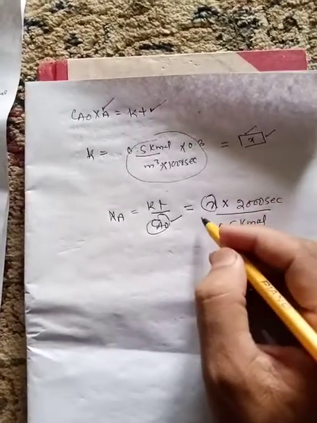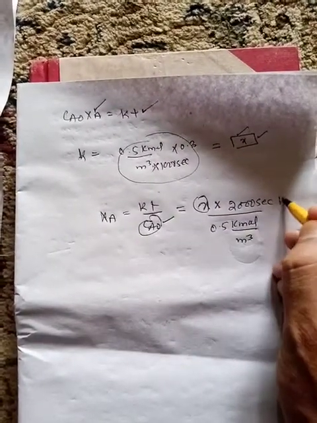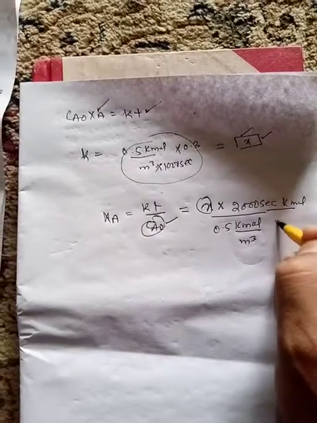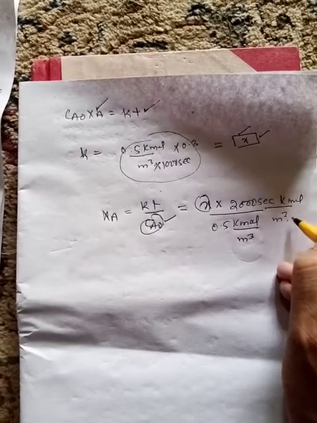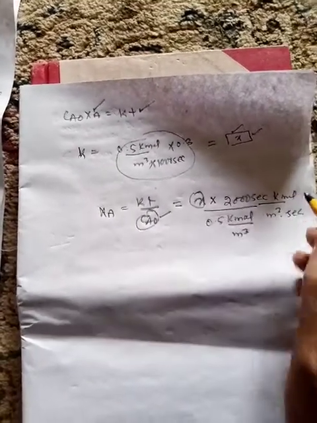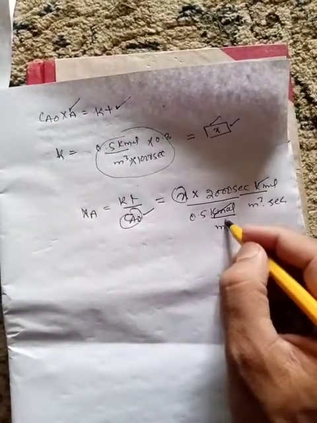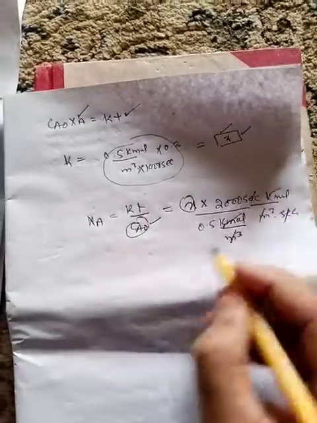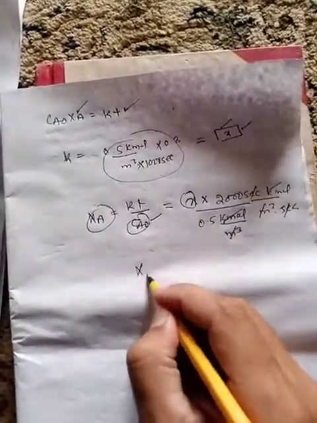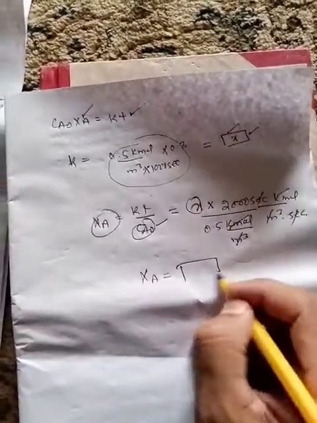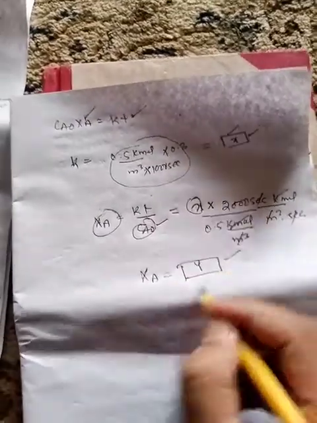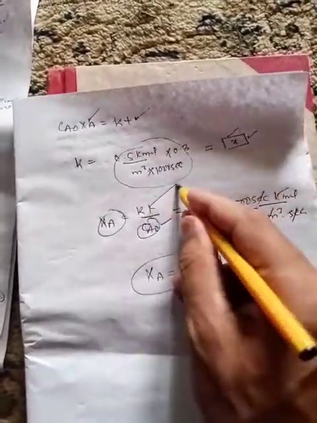Remember, the unit of X is kilomole per cubic meter per second. So kilomole cancels with kilomole, and second cancels with second. So the conversion has no unit. Suppose the conversion is Y, which will be obtained from this relation.